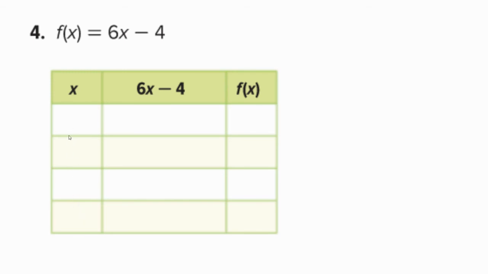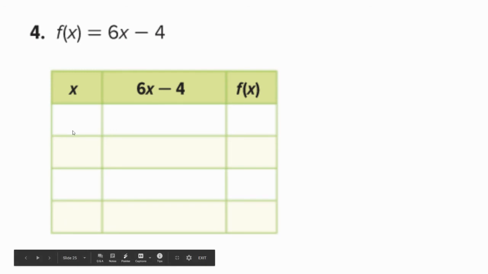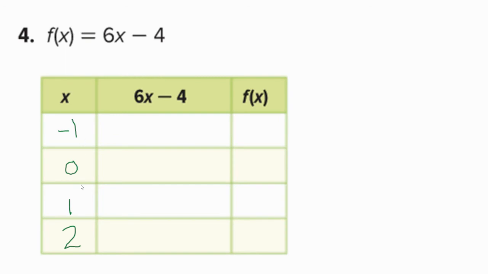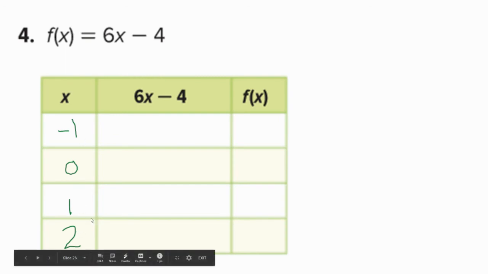You can make it whatever numbers you want. What you're looking for are numbers that when I plug them into x, give me easy numbers to work with. The book gave us examples of 7, 11, 17, and 23 or something, which is way too much work. -1, 0, 1, and 2.